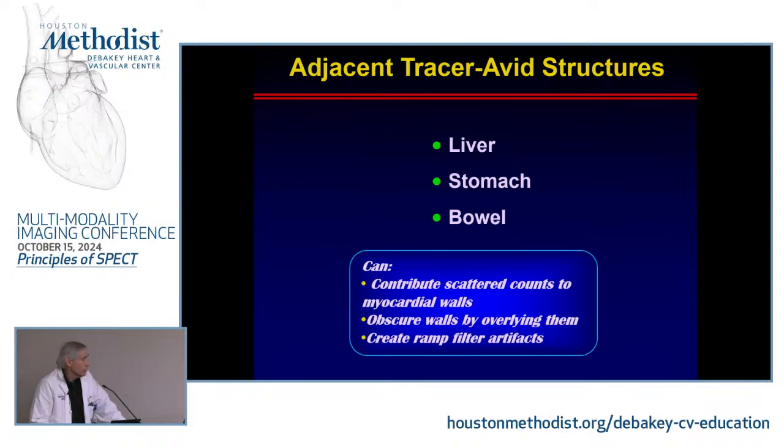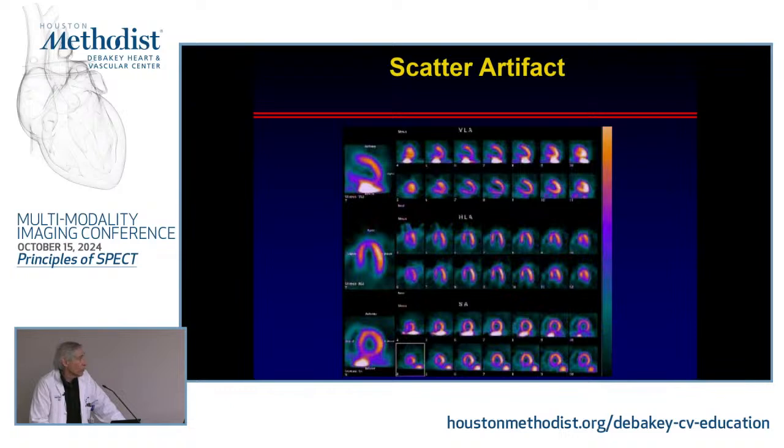So it's best not to have subdiaphragmatic count activity on your images. And again, if there is a lot on any given image on a SPECT study, we like to re-image the patient to try to avoid that. This is an example of someone with marked subdiaphragmatic count activity where the image has been markedly degraded because of that.